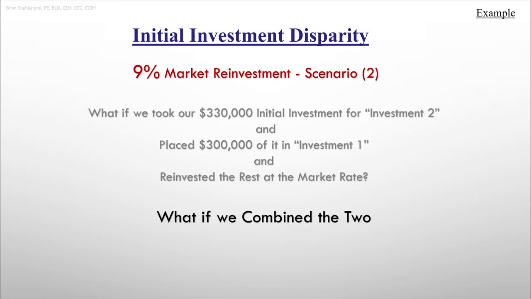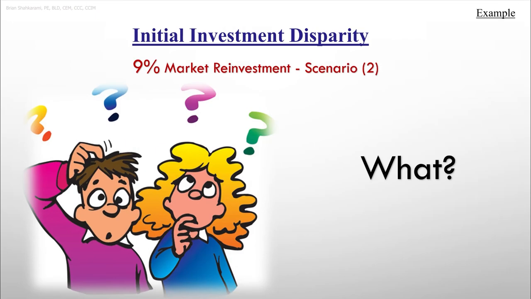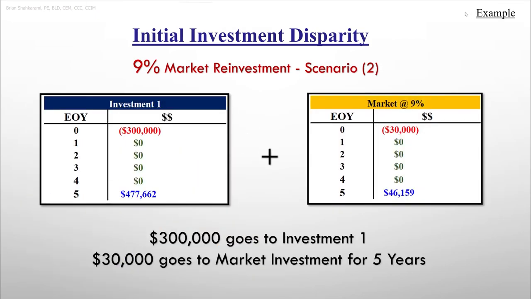What if we then combine the two? What do I mean? Good question. Here we go. Out of the $330,000, we take $300,000 and put it in investment 1. Then we take the other $30,000 and we invest it in the market at an investment rate of 9% for 5 years.